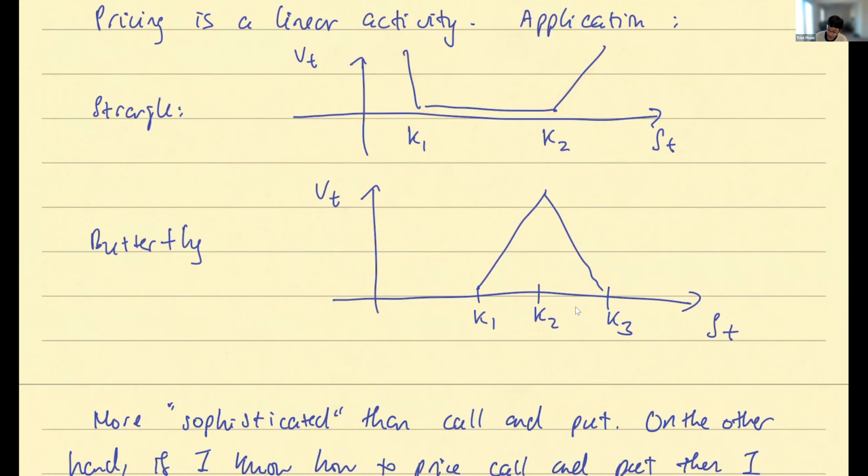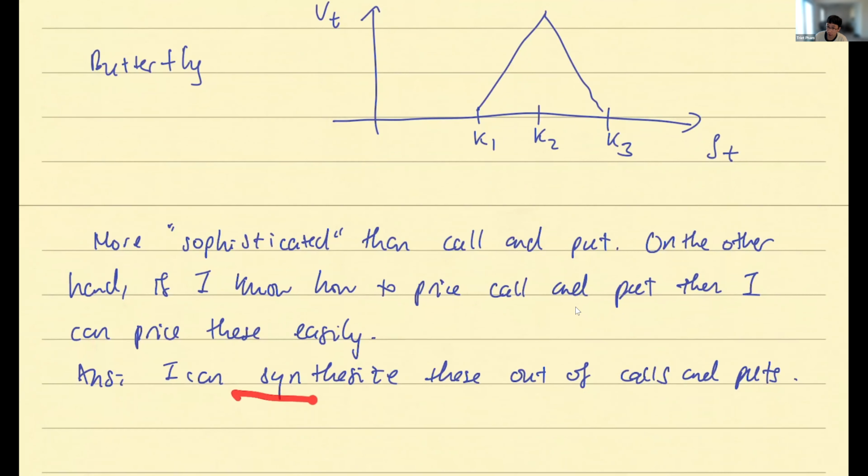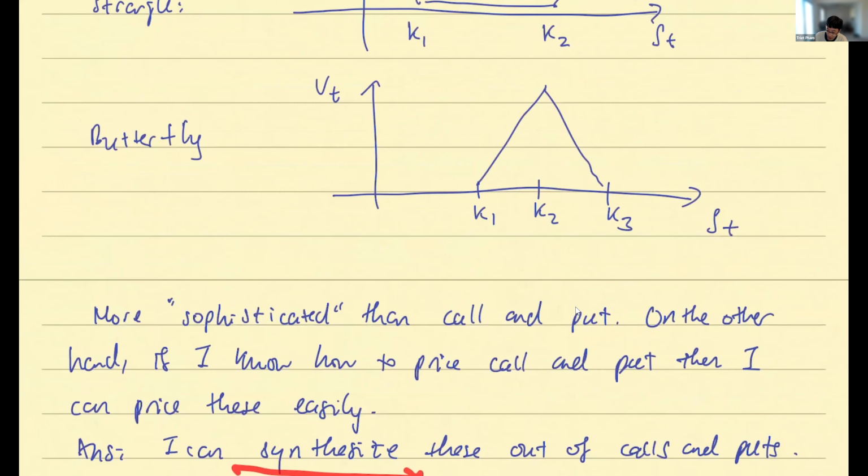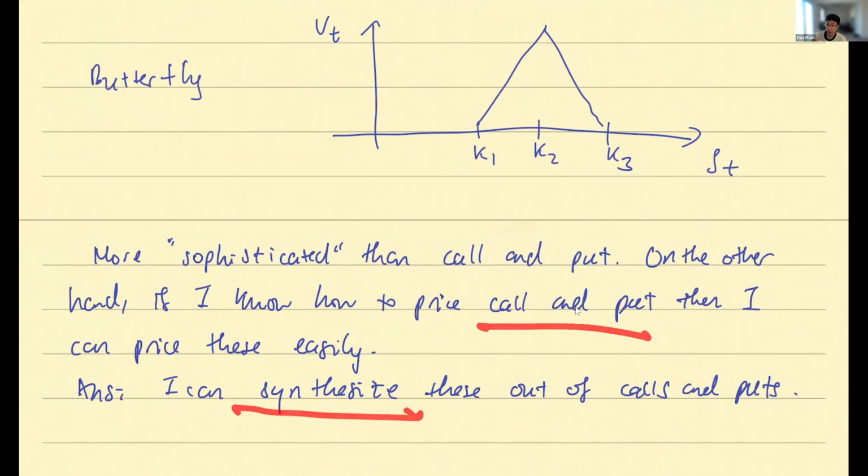A butterfly is a little bit more sophisticated: one call here, one put here, and minus, I believe, two of something here. You can look at your homework. But anyway, the point is, whenever you synthesize some product out of fundamental products, you don't need to redo the whole pricing at all.